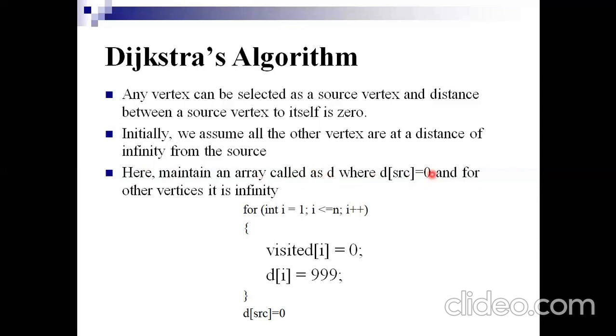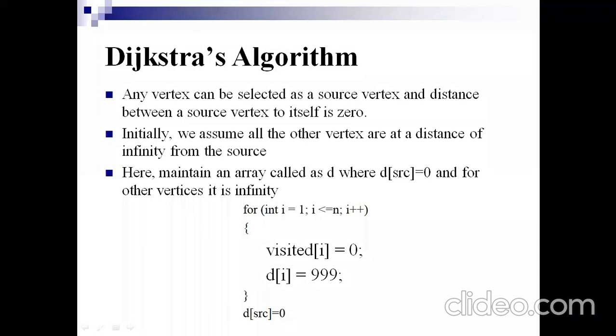What is D of source equal to 0? It is the distance of source to itself. So D of source indicates the distance of source to itself is 0, and for other vertices, it is infinity.